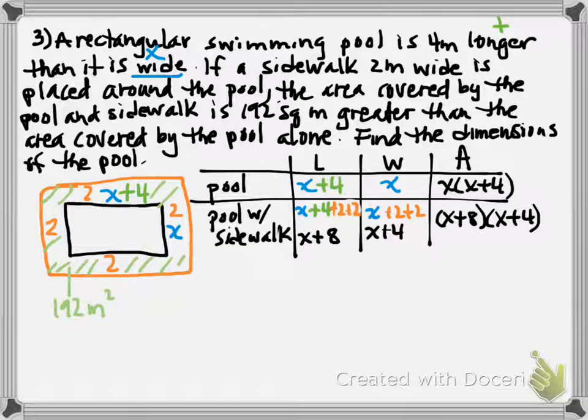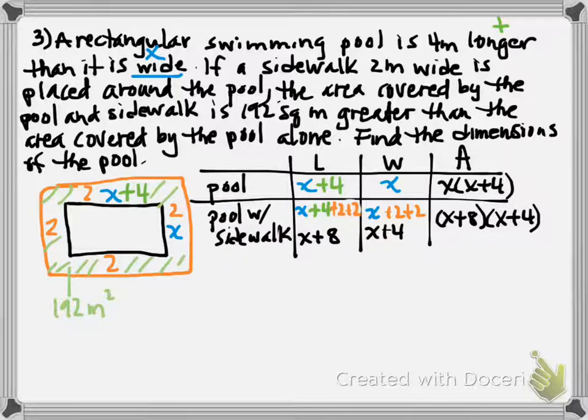Okay? Now, this one you can either just do it the same way we've been doing it, and just say the area of the pool plus the area of the increased amount, which in our case would be the sidewalk, would be equal to the area of the outer rectangle, which would be the area with the pool and the sidewalk.